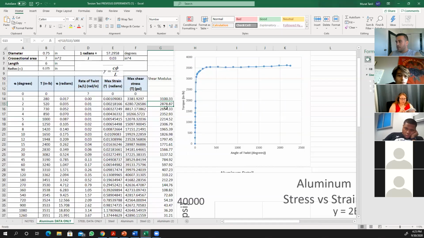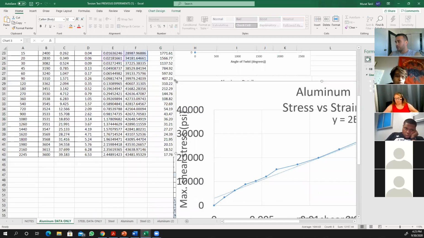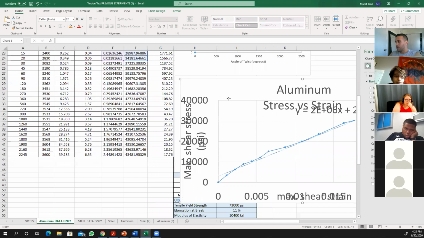So if you look at this section, the slope of this line is around 23,000 KSI, right? 2200, 2300, 2600. So I know that this graph right here is not perfectly linear, but it is almost linear.